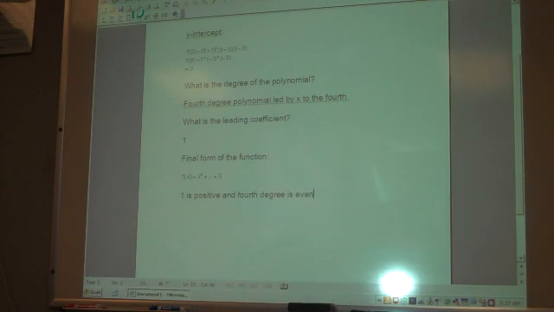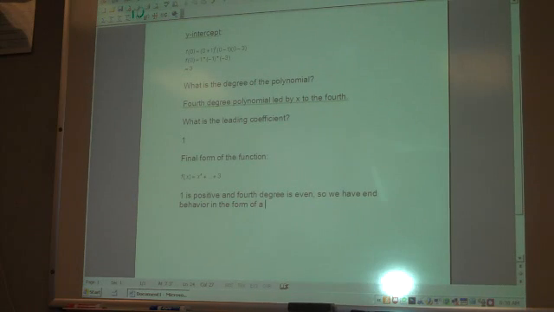Even. Nice, Layla, thank you. And 4th degree is even. So we have end behavior in the form of a touchdown. 1 is positive, 4 is even, so a touchdown.